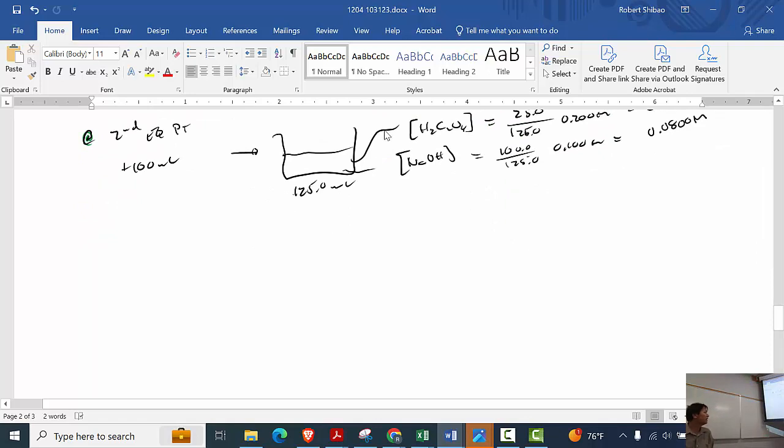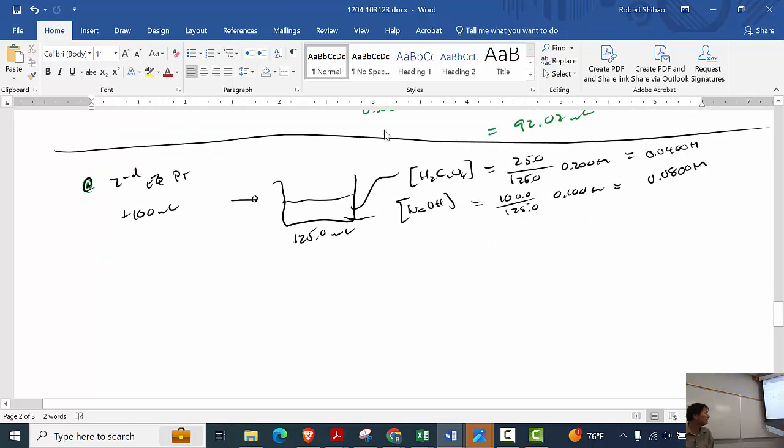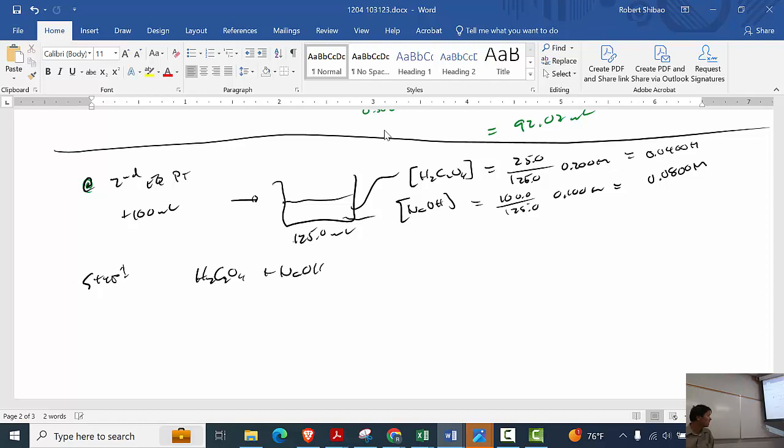Okay, once I do that, then I'm going to go to step one. Step one is going to be the oxalic acid, so starting all the way at the beginning, plus the sodium hydroxide. This is going to make sodium hydrogen oxalate, and so we just do one hydrogen at a time, plus water. K for this is very, very large, so it's going to go to completion.